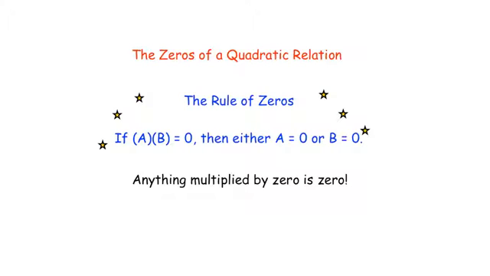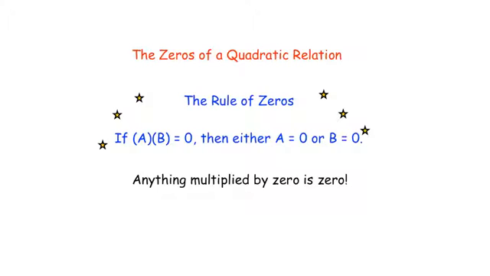Those are the only ways you can multiply two things together and get 0. Potentially both could be 0. But in this case, our understanding is that either the first quantity will be 0 or the second quantity will be 0. And really, you just know that because anything multiplied by 0 is 0.